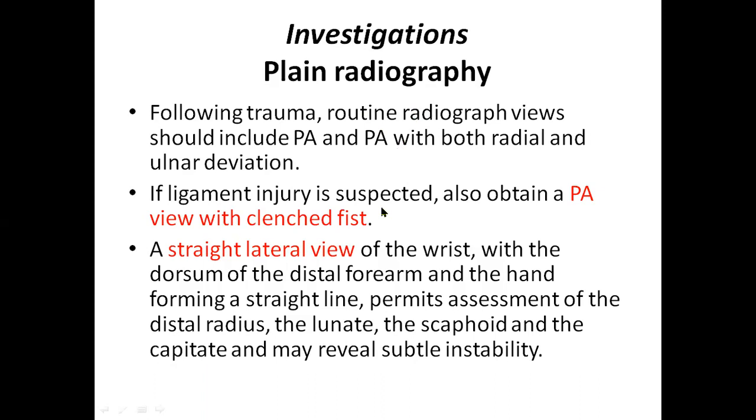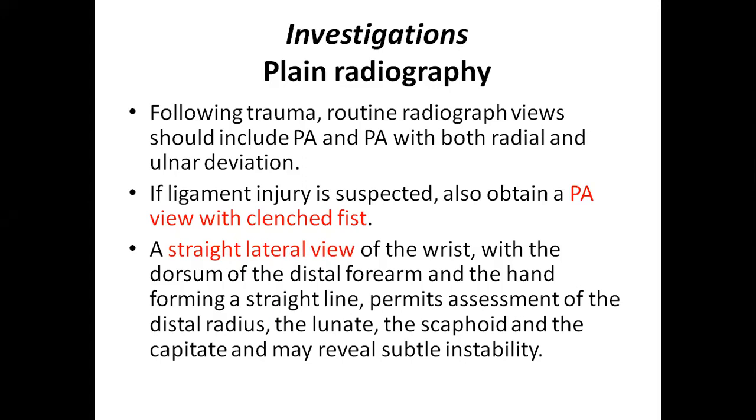Similarly, a straight lateral view of the wrist, with the dorsum of the distal forearm and the hand forming a straight line, permits the assessment of the distal radius, and not only the distal radius, but it also gives a window for the assessment of the lunate, the scaphoid, and the capitate as well.